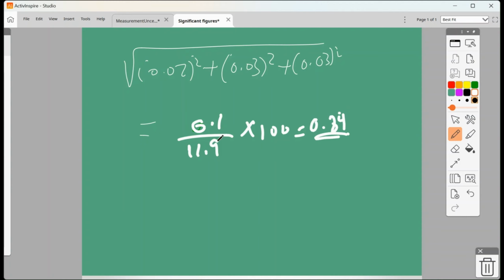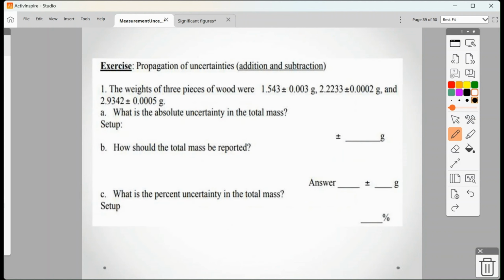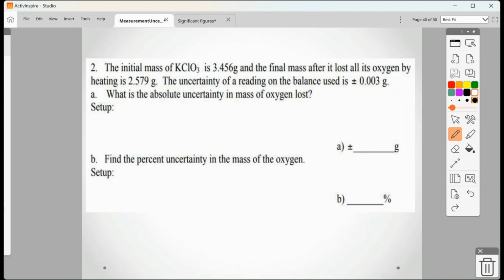But the least number is what? The least significant figure is one significant figure. So I'm going to round this. So it is 1%. So my answer will be 11.9 plus or minus 1 percentage. Okay, we move to the next. I will leave this exercise to practice in the description part. Like I said, I'm gonna skip all this.